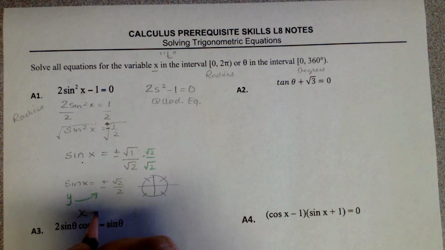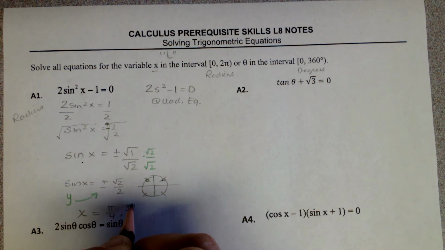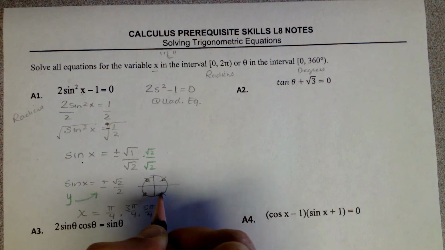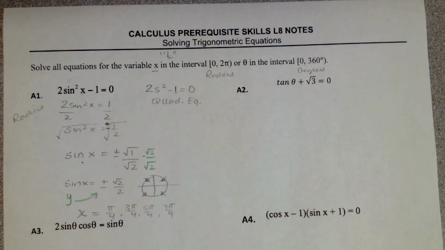So x is going to equal pi over 4, which is here, 3 pi over 4, 5 pi over 4, and 7 pi over 4. There are 4 solutions for x.